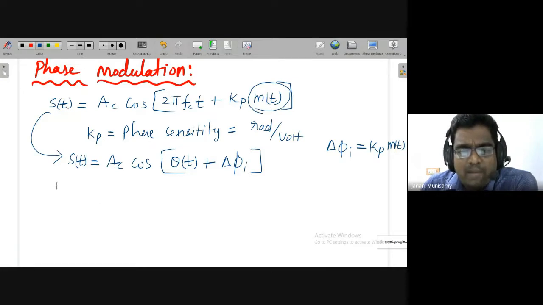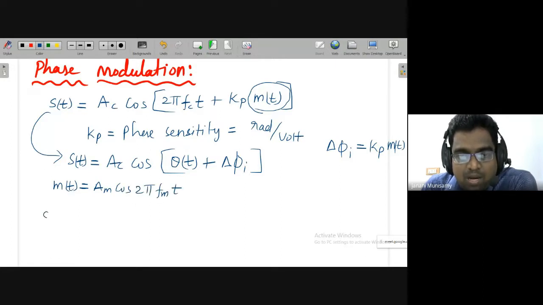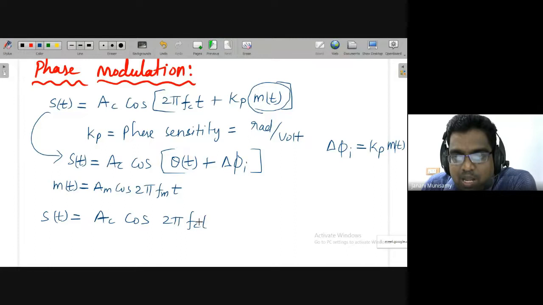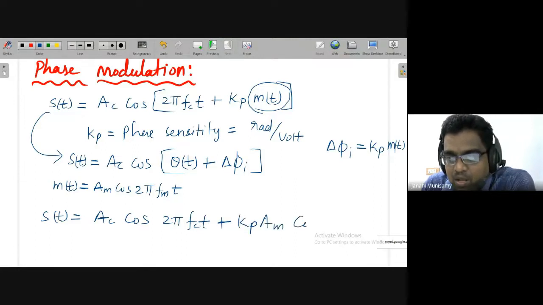Now we'll take m of t for a single tone message signal. m of t is Am cos 2 pi fmt. Then finally we'll get s of t equals AC cos(2 pi fct plus kp into Am cos 2 pi fmt).